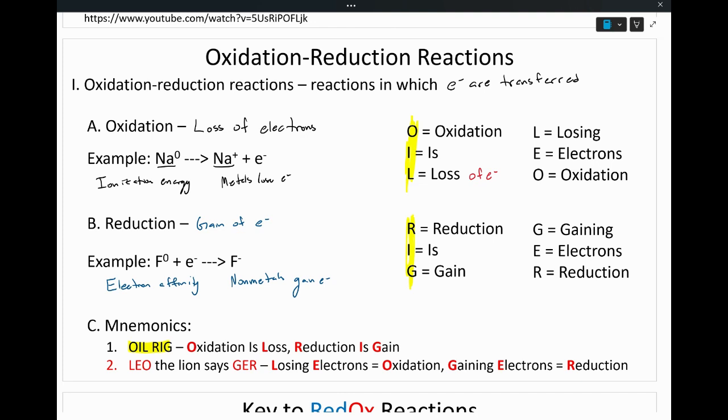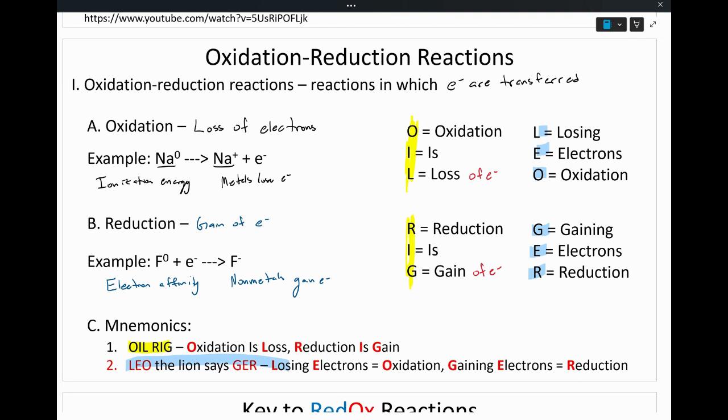And the RIG of RIG is reduction is gain of electrons. That's the one I personally prefer. You can also use LEO the lion says GER, which says that losing electrons is oxidation, gaining electrons is reduction. And that is simply just a personal preference of whichever makes the most sense to you.